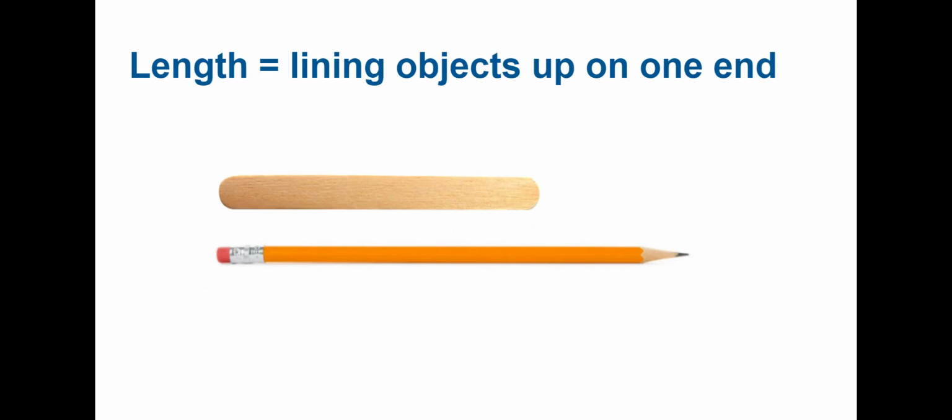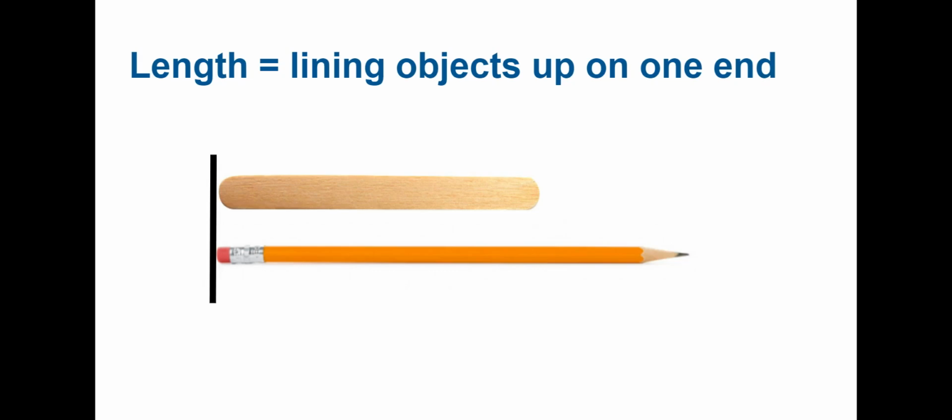When working with length, the focus will be on lining objects up on one end in order to make accurate and direct comparisons. For example, students may take a popsicle stick and a pencil, and after lining them up on one end, they will notice that the pencil is longer than the popsicle stick, or the popsicle stick is shorter than the pencil.